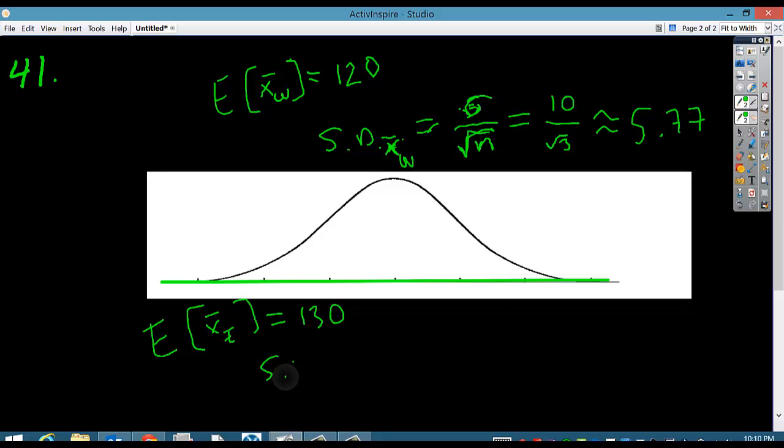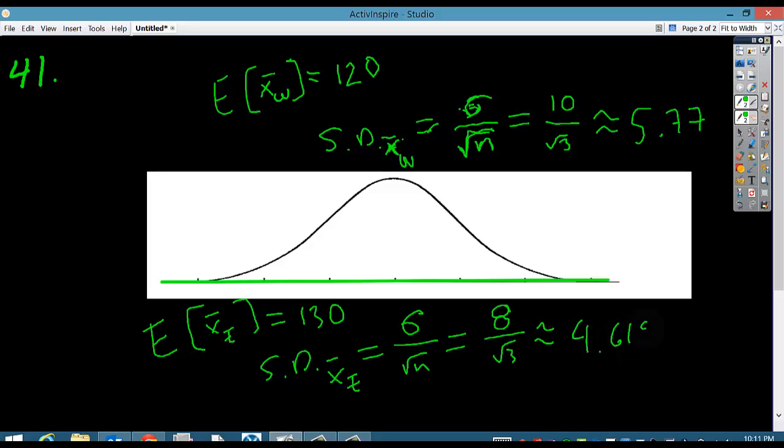And our standard deviation for our sample mean of the East Staters is going to equal their standard deviation over root n, which is 8 over root 3, right? And that is approximately 4.6188. Okay, so we got all this information here about x sub w bar, and we got all this information about x sub e bar.